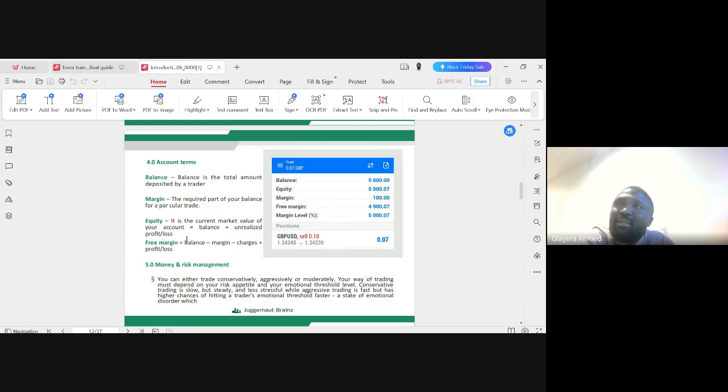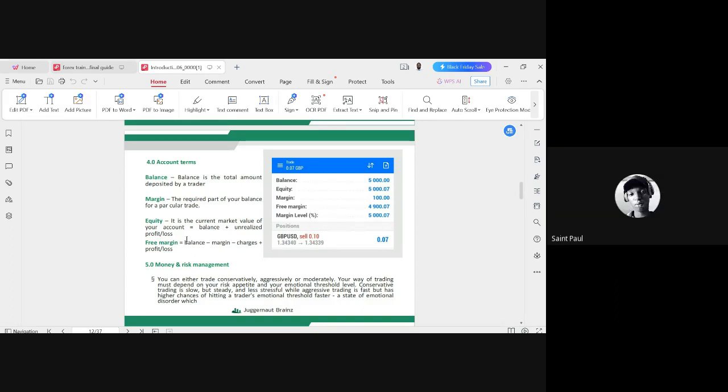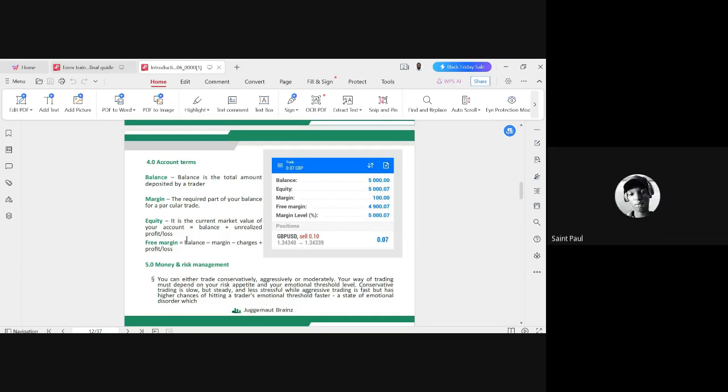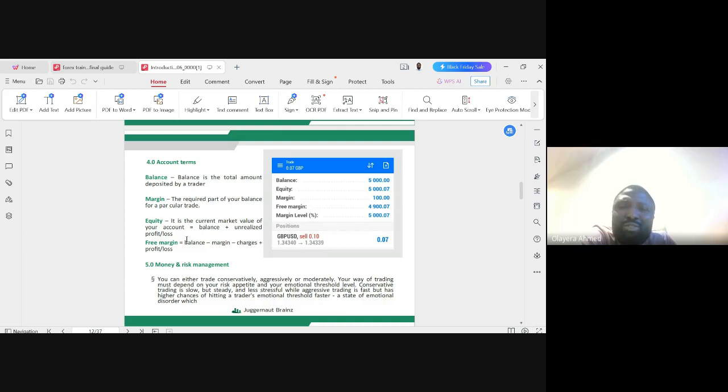Let's say I bought it at 1,000 per dollar, and now it's 1,100. So it means I've made 100 naira profit on each of my dollars. That 100 naira that I've made on each of the dollars is what is unrealized.